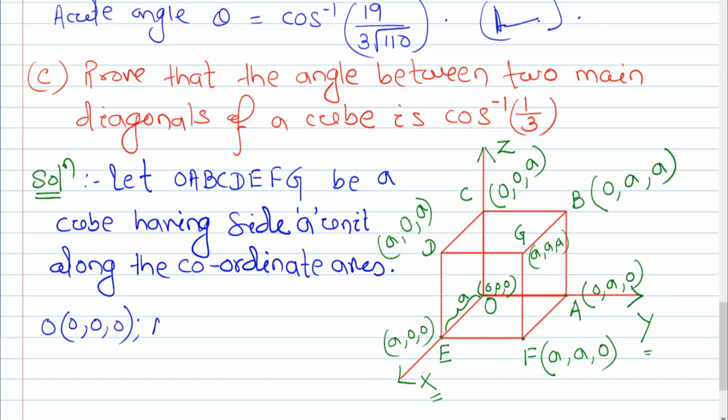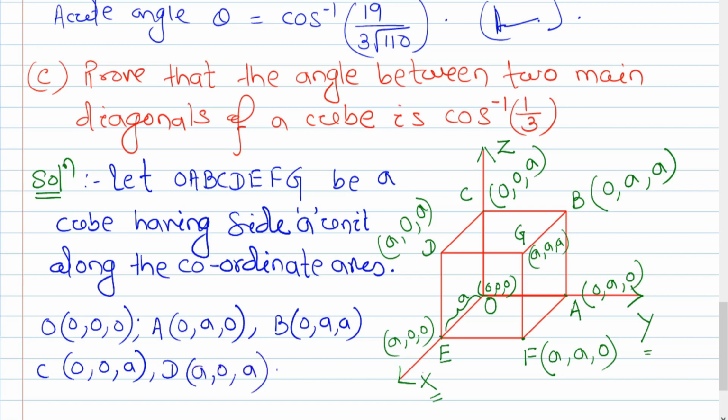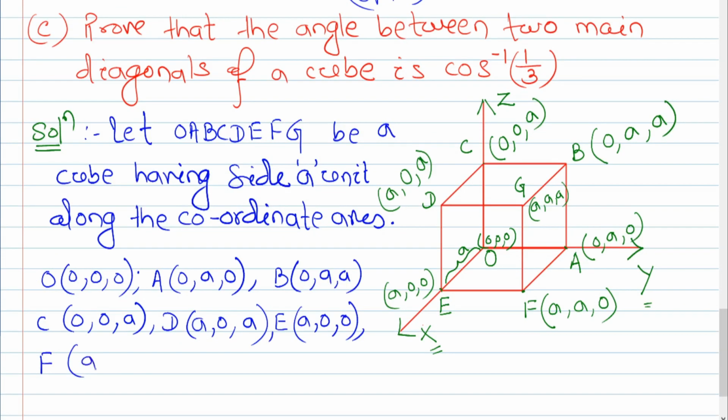You should write all the coordinates. A has the coordinate 0, A, 0 on the y-axis, B is 0, A, A, C is 0, 0, A, and D is A, 0, A, E is A, A, 0, and F is A, 0, 0, and G is A, A, A. So we should write all the coordinates of each vertex.